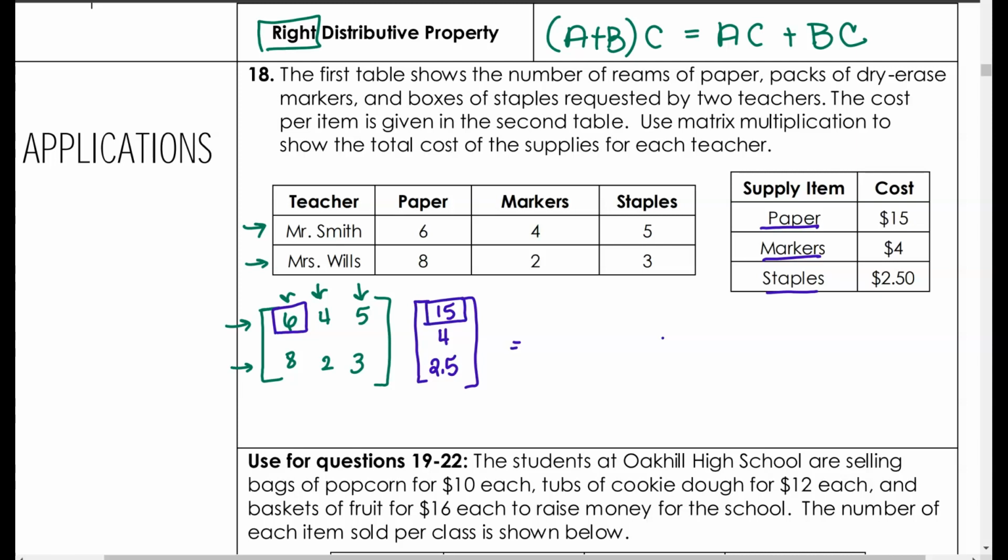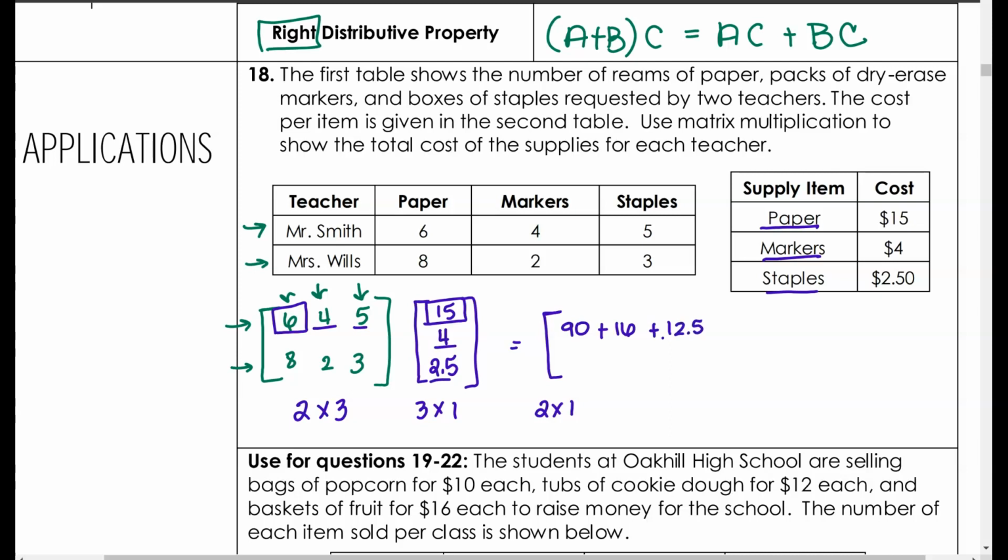And now notice that this is a 2 by 3, which I'm multiplying by a 3 by 1. So my final answer should be a 2 by 1. So let's do this. I would end up with 6 times 15, which gives me 90. But then I would have 4 times 4, which gives me 16. And then I would have 5 times 2.5, which is 12.5.